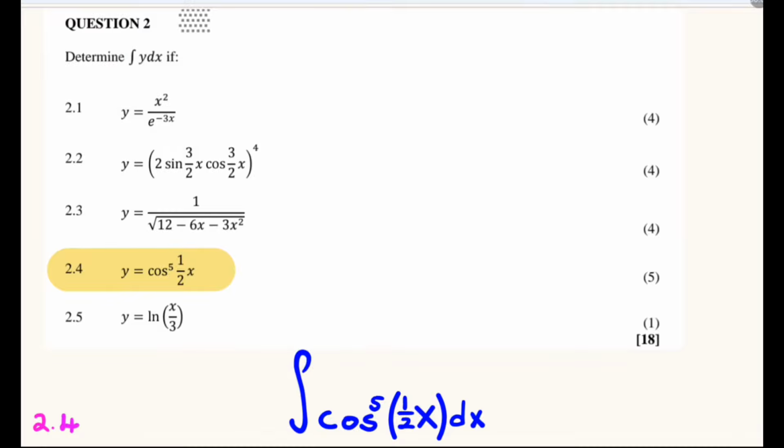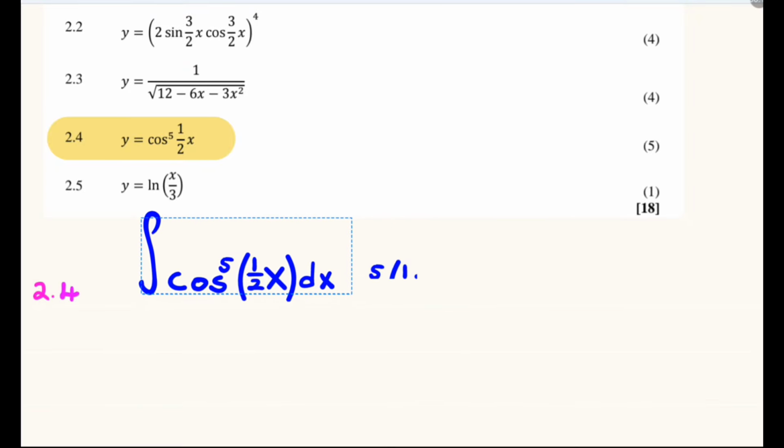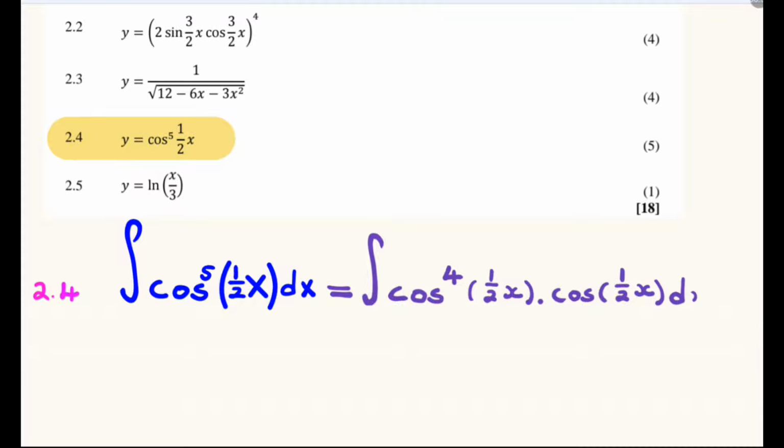Question 2.4, we integrate the following trigonometric function, and the first step will be for us to break down and express cos raised to the power 5 of half x dx as the integral of cos raised to the power 4 of half x, and we multiply this by the other cos which is remaining, the cos of half multiplied by x dx.